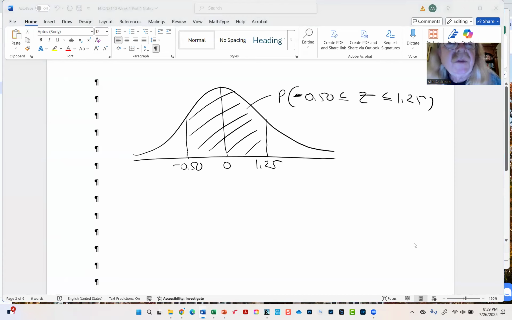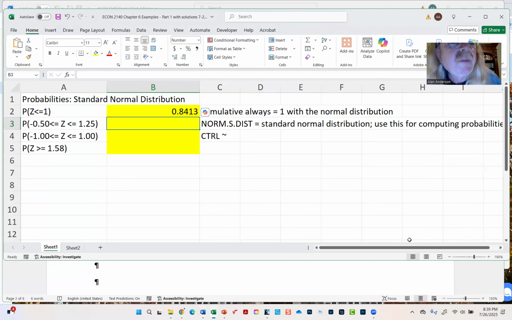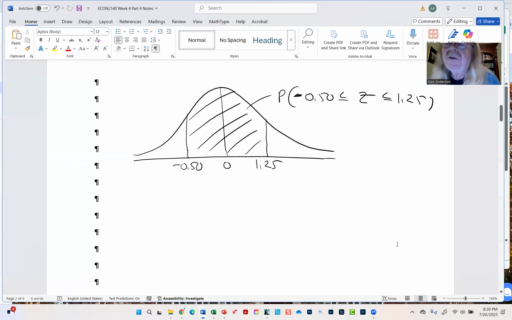In other words, it's somewhere in between negative 0.5 and positive 1.25. Now, here's where it gets a little tricky. The Excel command is not set up to do in between probabilities, so we have to work around it. This is our basic logic. We're going to find this by doing the following.